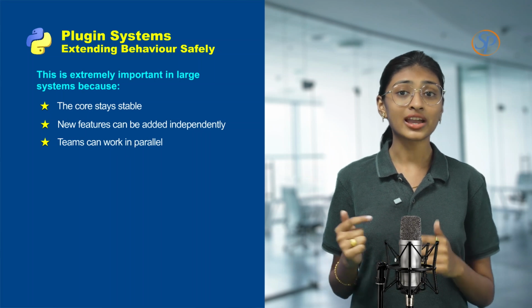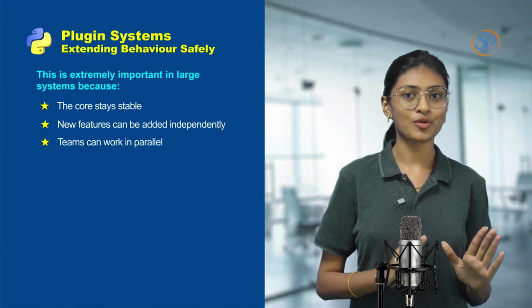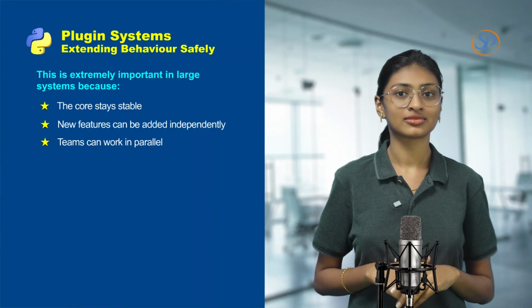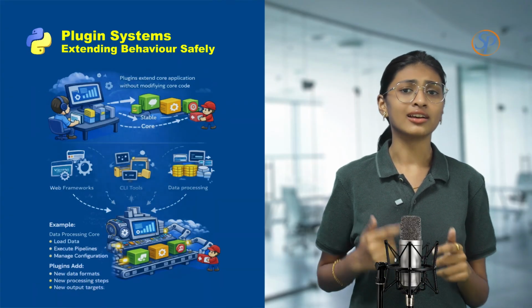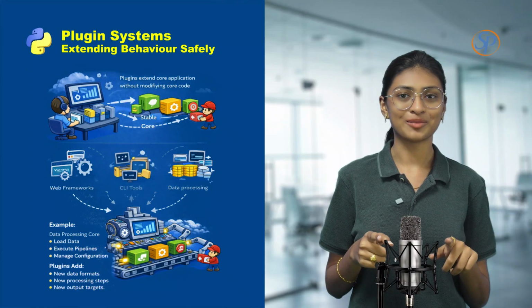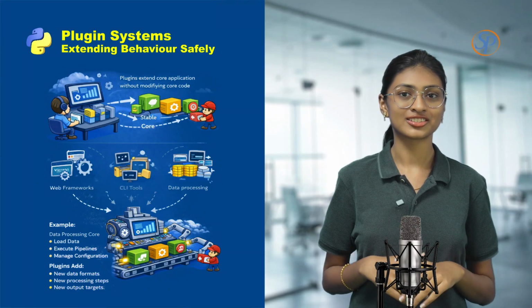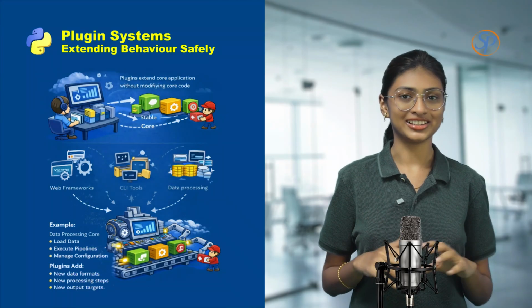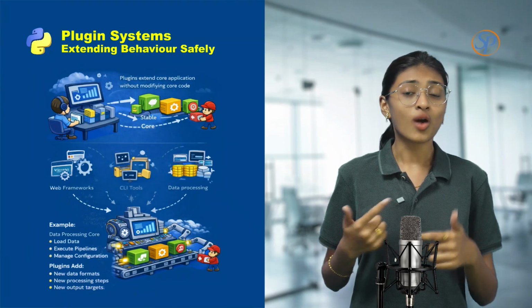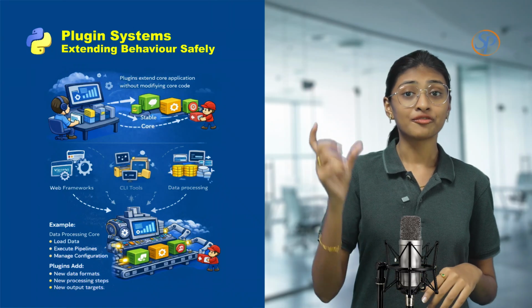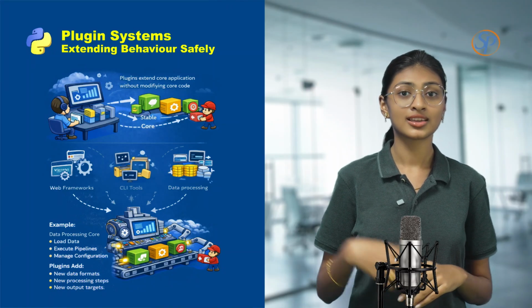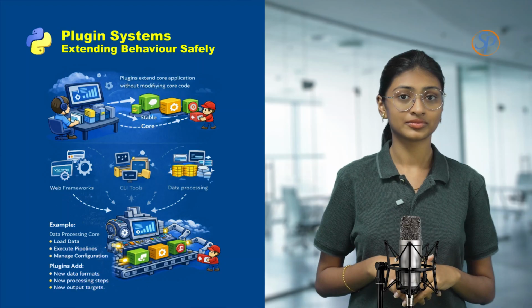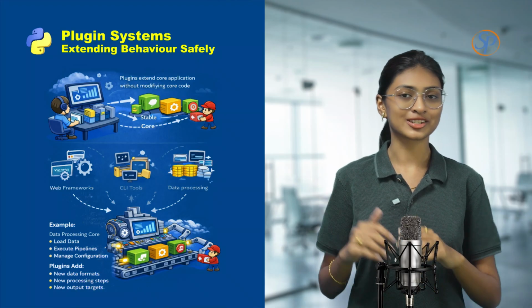Python supports plugin systems using entry points in packaging. Entry points allow packages to register themselves as extensions. The main application discovers them dynamically. This is widely used in web frameworks, CLI tools, and data processing systems.